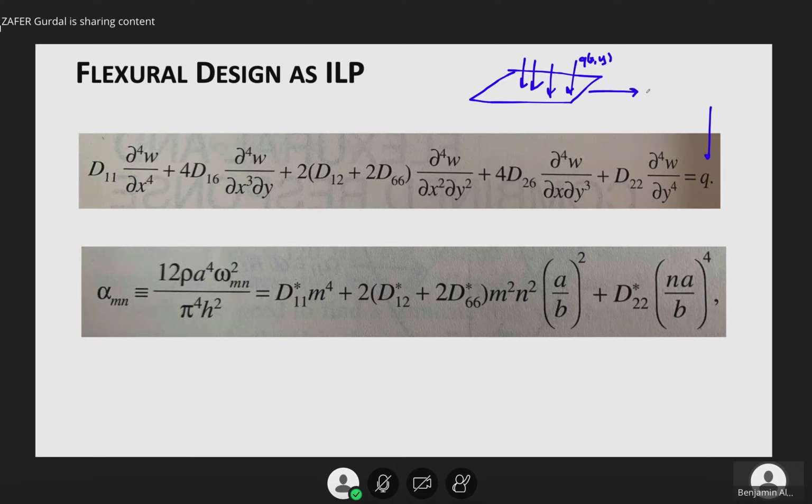This is, let's say, the x coordinate, and let's say y goes up this way.